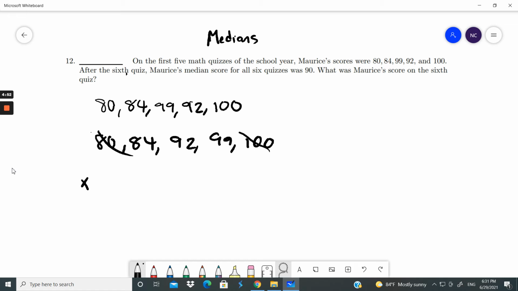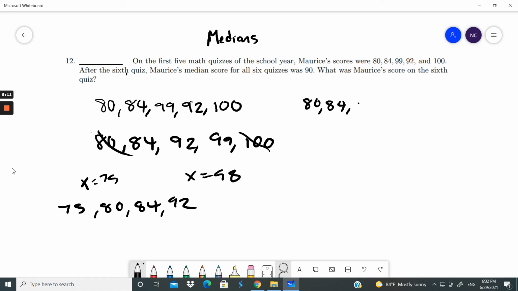For example, if x was something like 75, then the 2 numbers in the middle would be 84 and 92. However, if x was something like 98, then the two middle numbers would be 92 and 98.